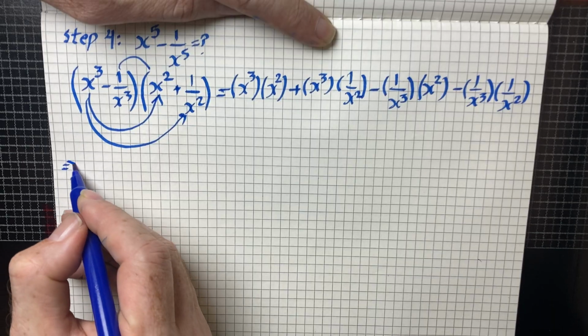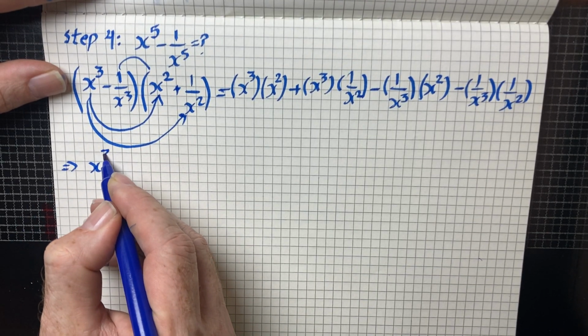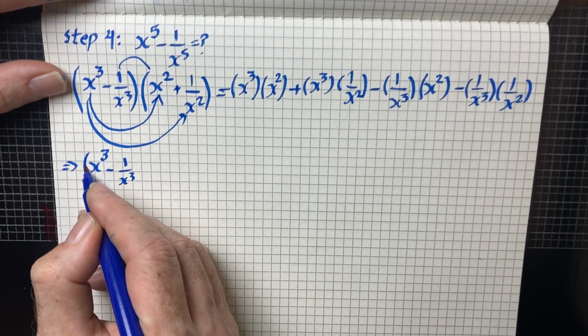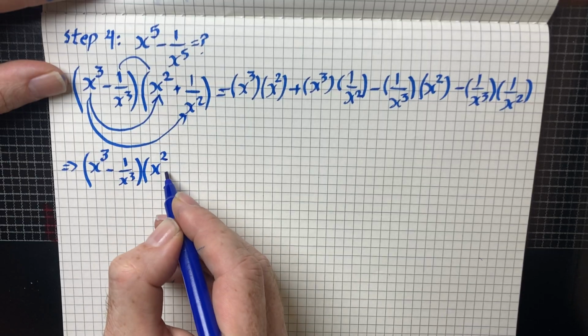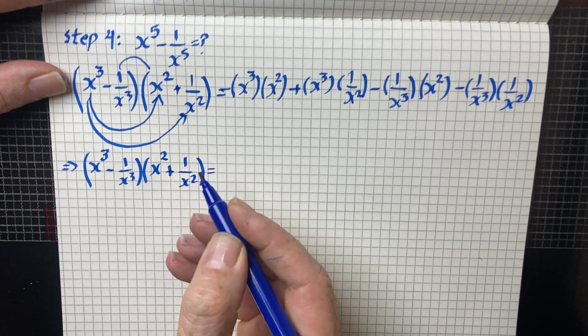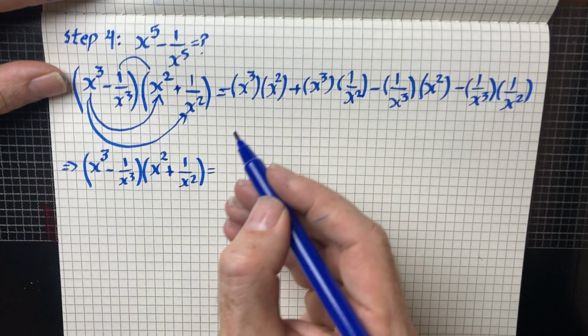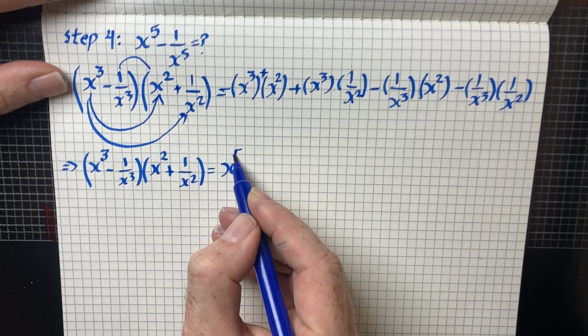So, next step. The value of x cubed minus 1 over x cubed times x squared plus 1 over x squared: x cubed times x to the power of 2 is going to be x to the power of 3 plus 2, or 5.